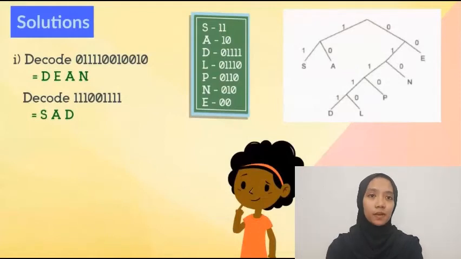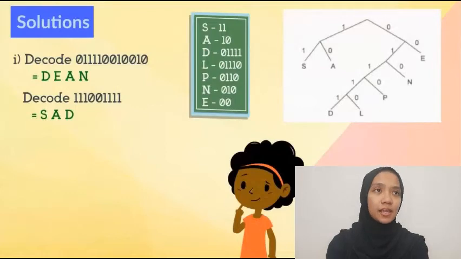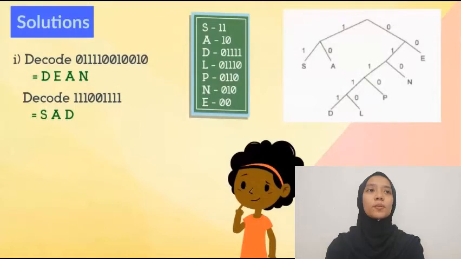We can take the first 5 digits, which are 01111, and check the alphabet that we included earlier. 01111 represents D, and then we can focus on the next combination of numbers, which are 00 that represent E, and then 10 represents A, and the last 3 digits represent N. So the overall combination of these numbers was decoded as DEAN.